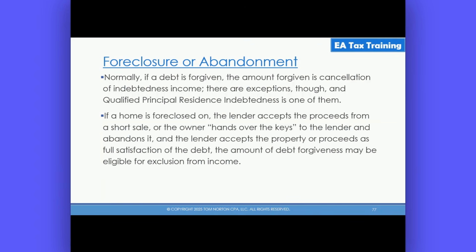We're going to take the house back, and if we had a loss, we're just going to accept any loss. That would normally be cancellation of indebtedness income. However, as long as it is qualified principal residence indebtedness, then it will not be cancellation of indebtedness income.